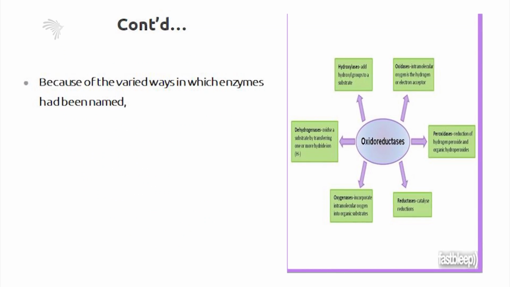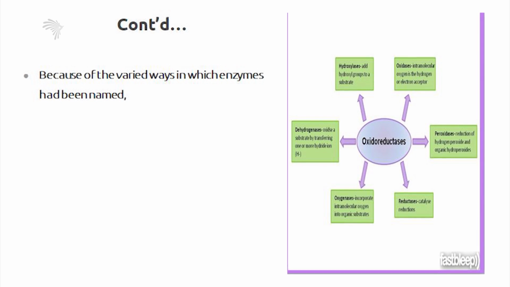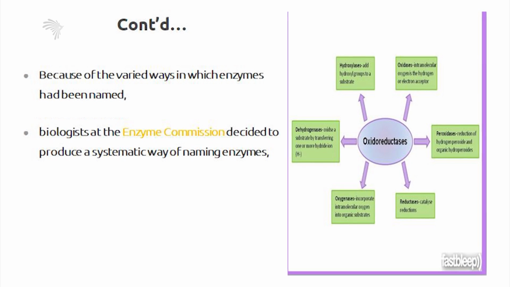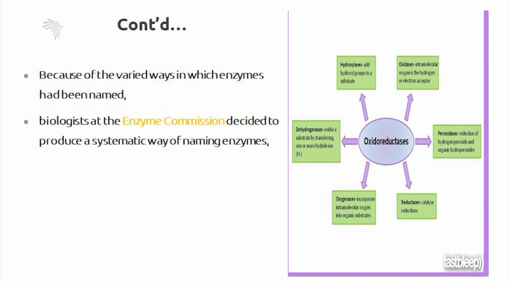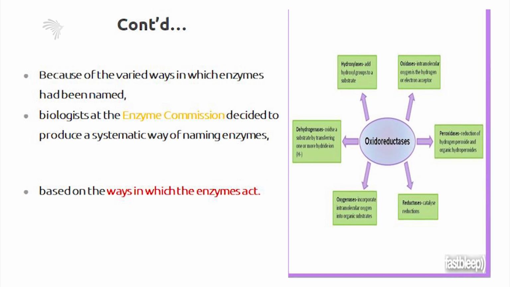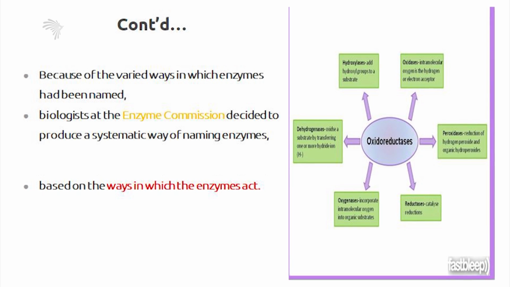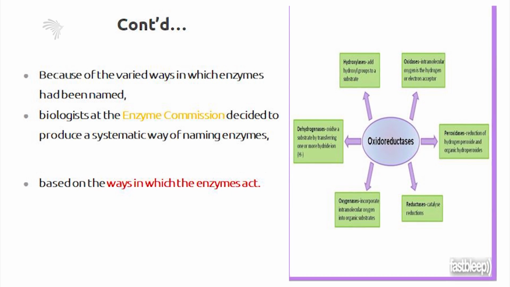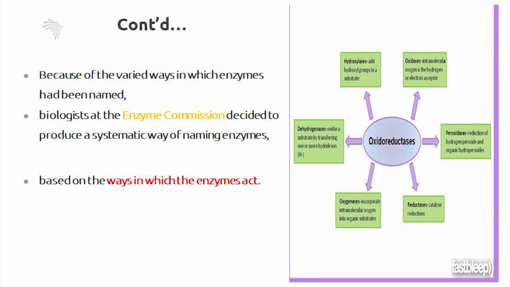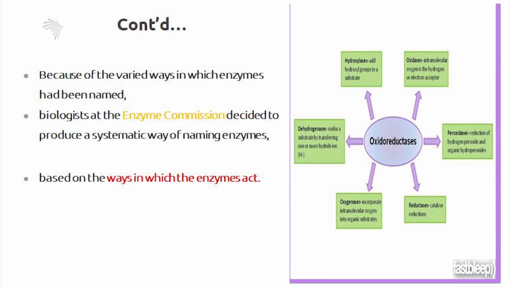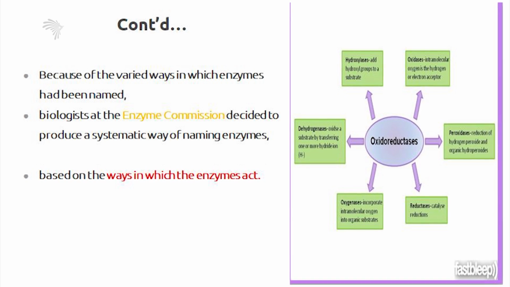Because of the ways in which enzymes have been named, biologists at the Enzyme Commission decided to produce a systematic way of naming enzymes based on the way in which they act. So the arbitrary naming that we mentioned earlier is not used in this modern era; it simply shows how the process of naming enzymes started in the past.